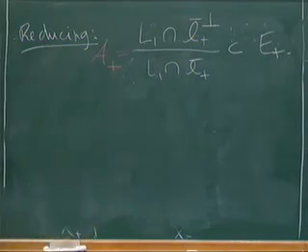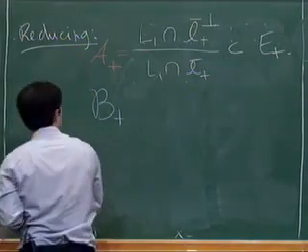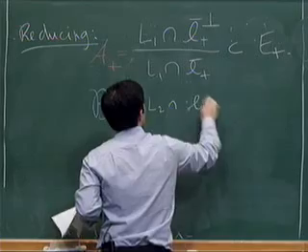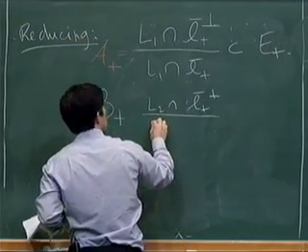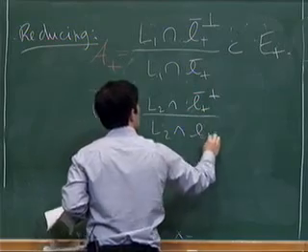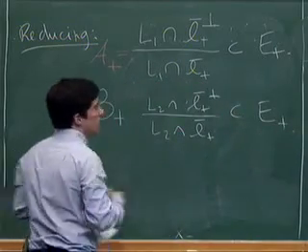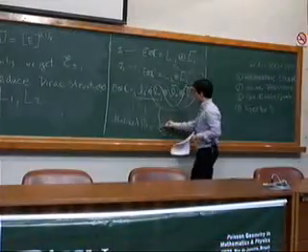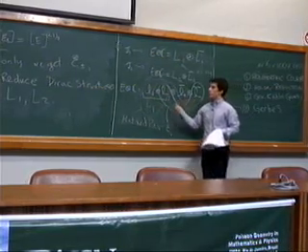And then we also have B plus, which is obtained from L2. So I'm just looking at E plus now. Inside E plus also, if you follow it out, what I get is a decomposition which corresponds to this decomposition here.